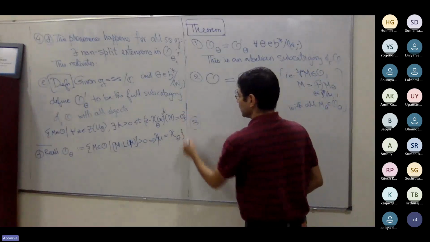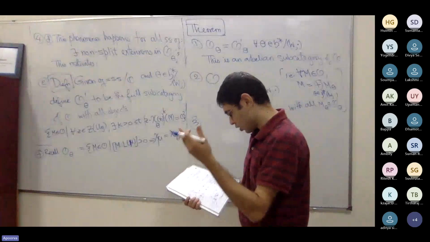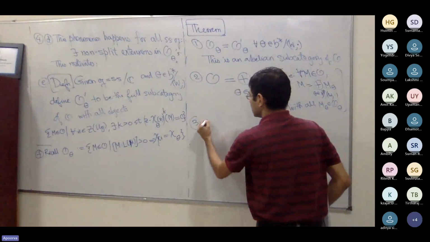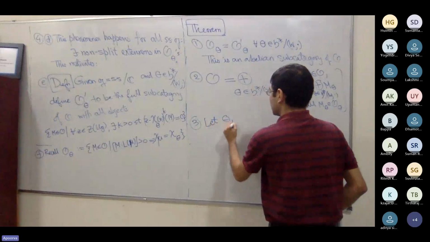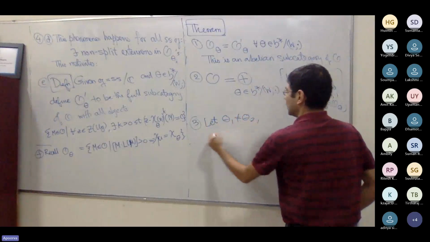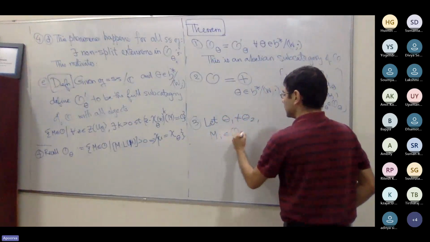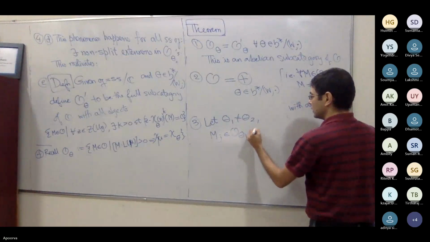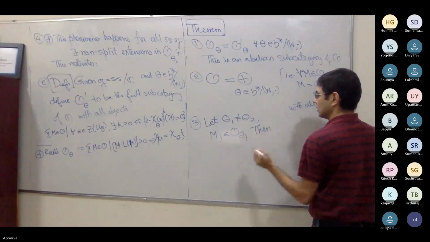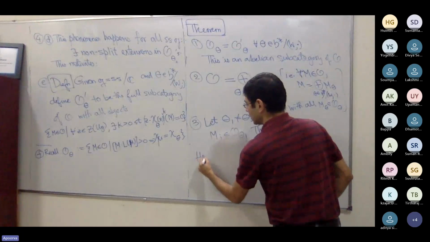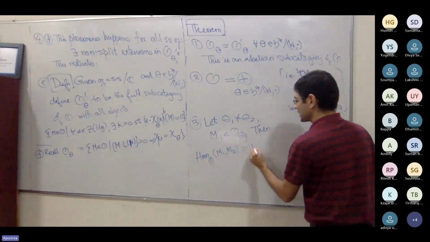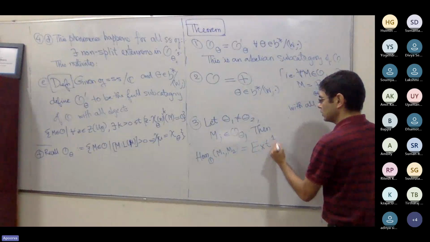The third is what we started by saying today. Homs and Ext between different things. So that theta 1 not equal to theta 2, M_j belongs to O theta j. Then Hom in category O of M1, M2 equals Ext in category O of M1, M2, which is zero.